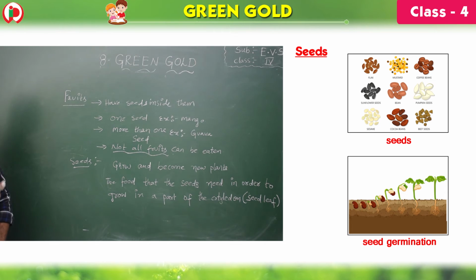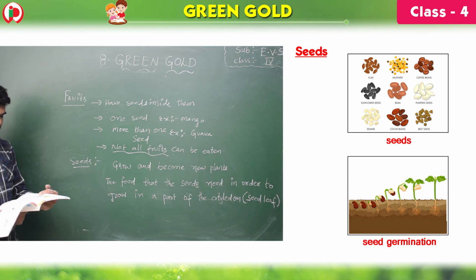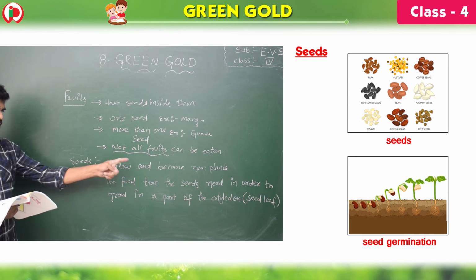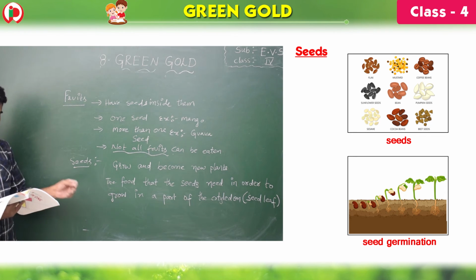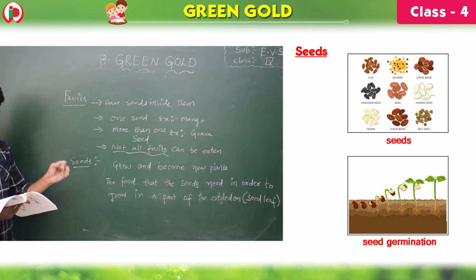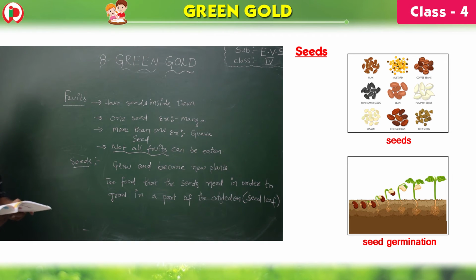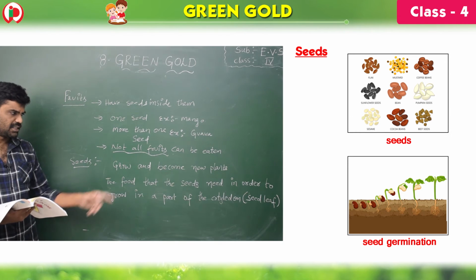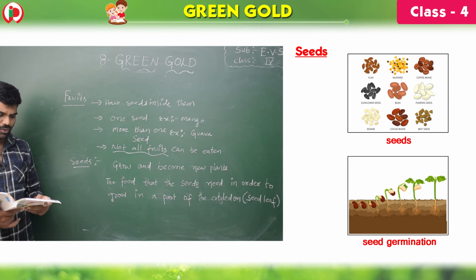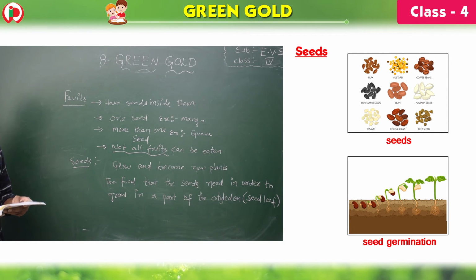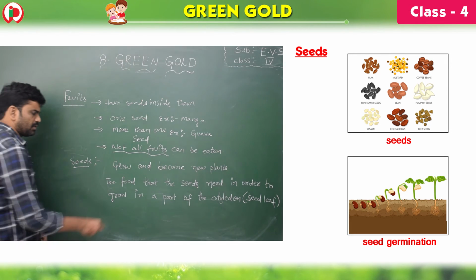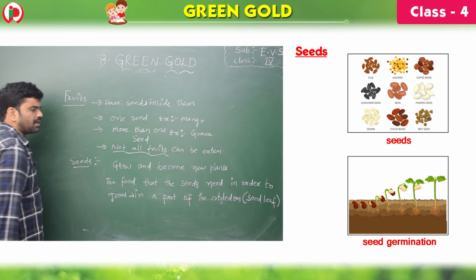Children, do you know seeds? Yes. Seeds grow and become new plants. And the food that the seeds need in order to grow is in a part called the cotyledon.